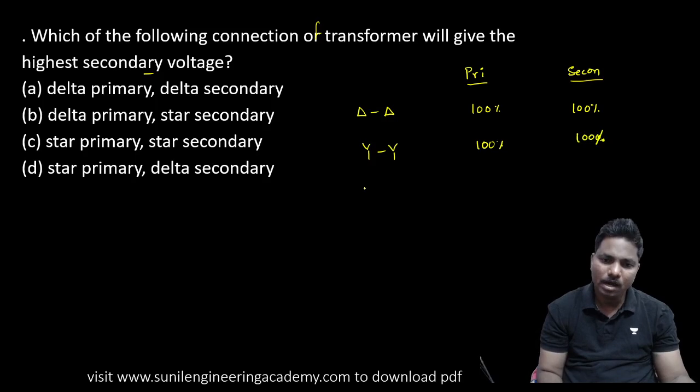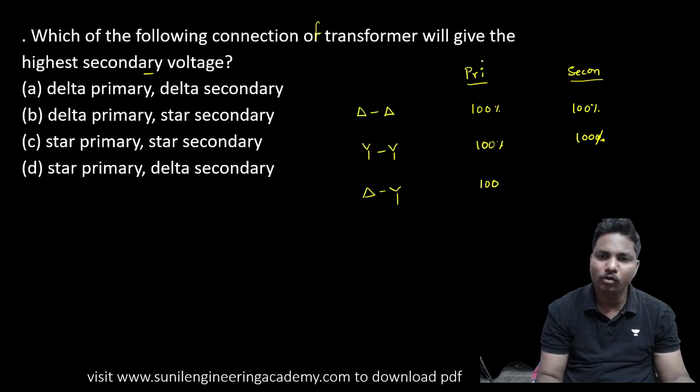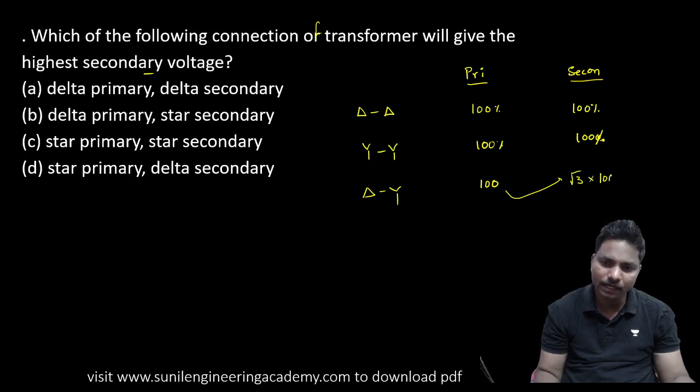Now the real one is delta to star. Here, if the delta primary voltage is 100, then the star is root 3 times the phase value, root 3 times 100, that is 173.2%.